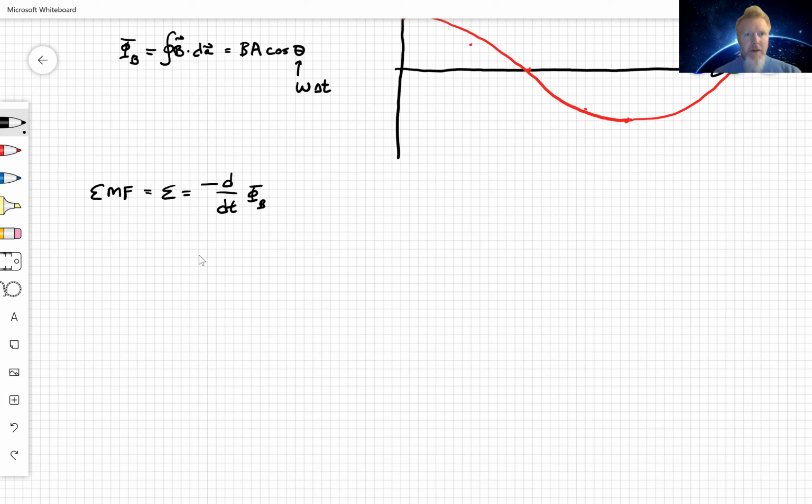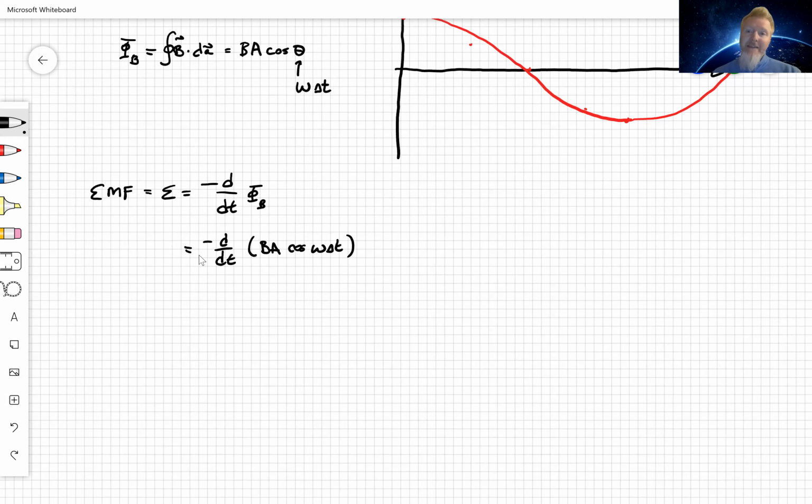And so looking at the cosine function here, I'm going to have to do a derivative of B times A times cos theta. Oops, except it's not cos theta anymore. It's going to be cos omega delta t. Okay, like so.